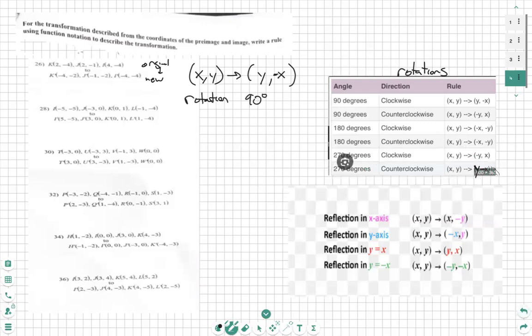This is Y, negative X. Basically, this is 270 counterclockwise and vice versa. So you can say rotate 90 degrees clockwise or 270 degrees counterclockwise. That was very messy. Let's rewrite that. 270 degrees counterclockwise. Okay, so that's number 26.